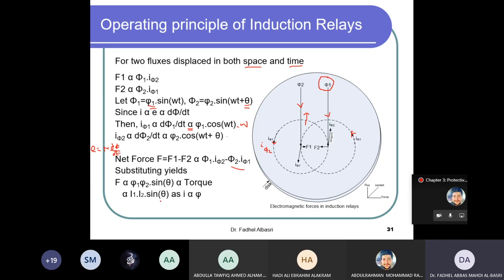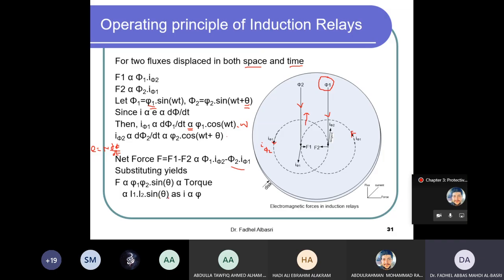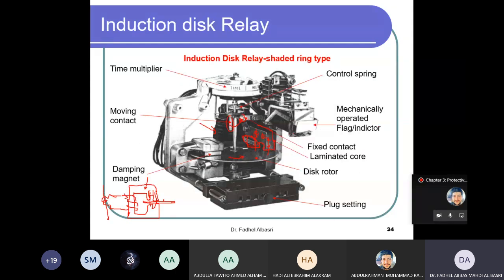From this equation, if the angle between the two fluxes is 0, the net force or torque developed is 0. So there will be no movement of the disk if you keep these two fluxes in phase.